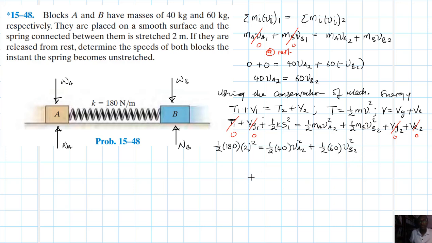So there we go, we have this equation. If we write this equation in terms of vB2, vA2 becomes equal to 60 divided by 40, which is 1.5 vB2.